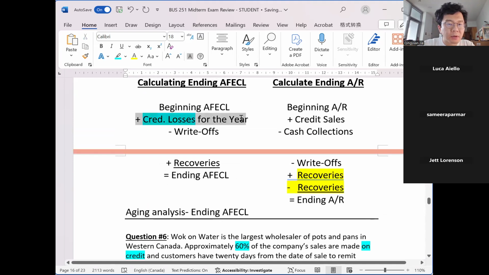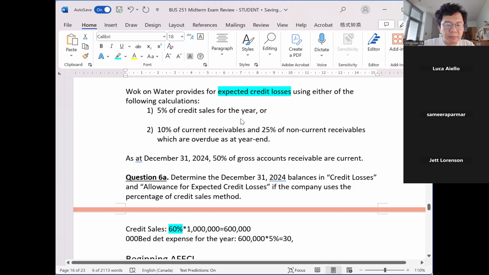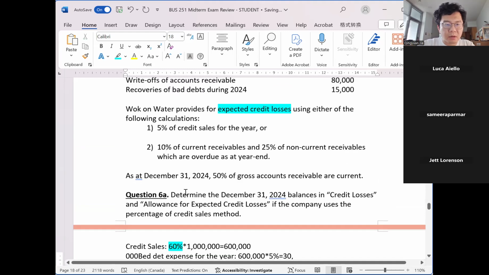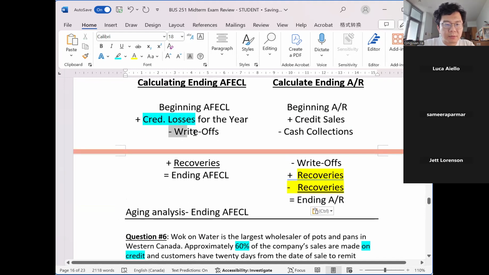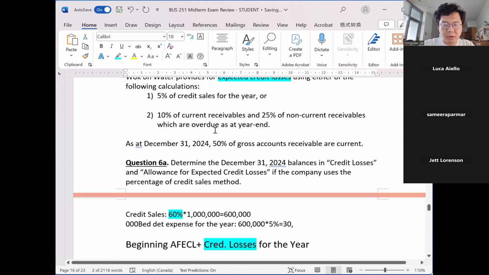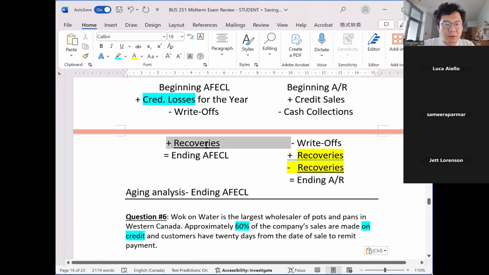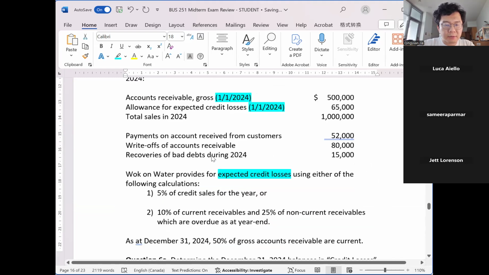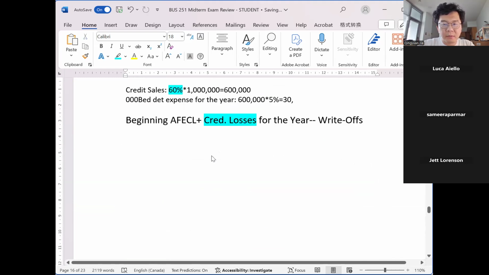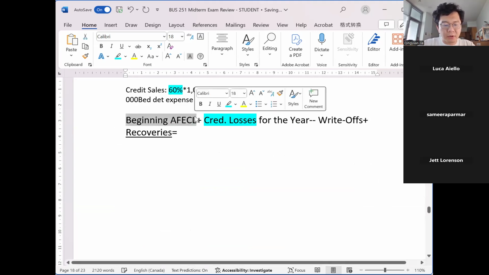Opening plus the loss for the year, right? And subtract write-offs. And then add recoveries. Have the ending AFECL.